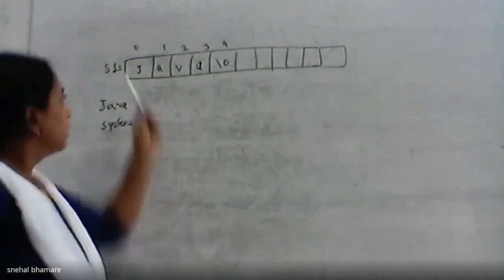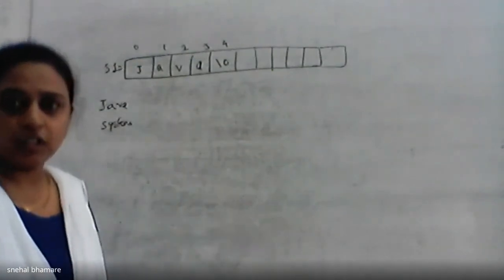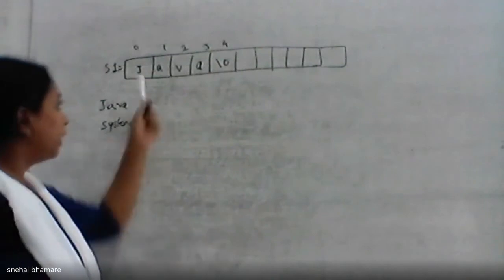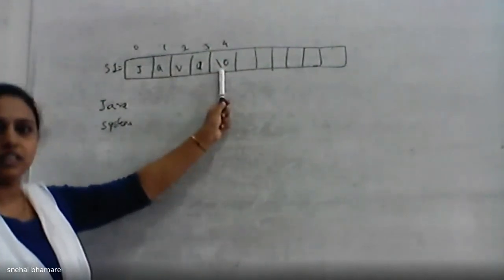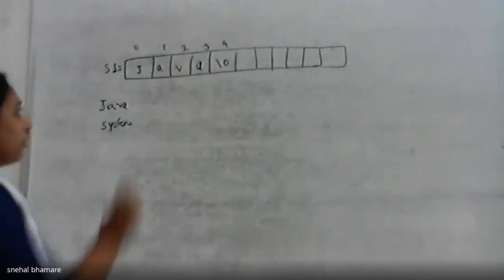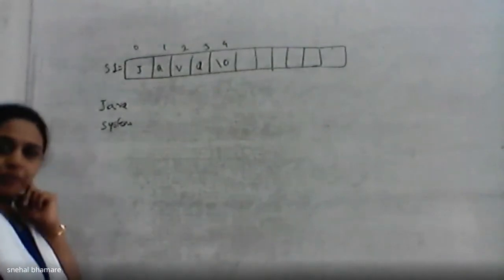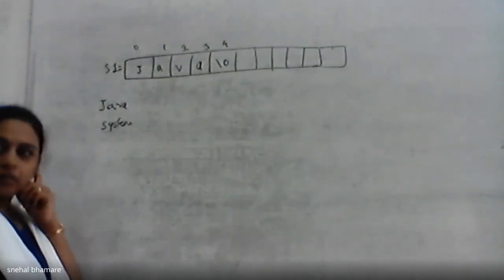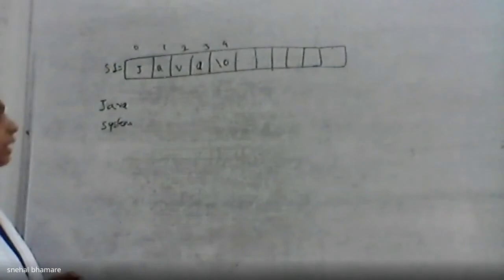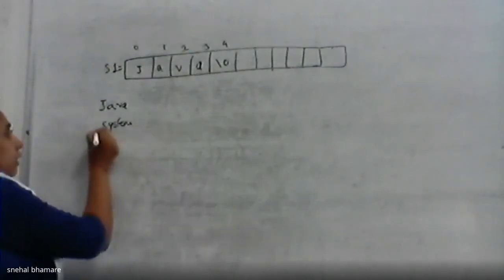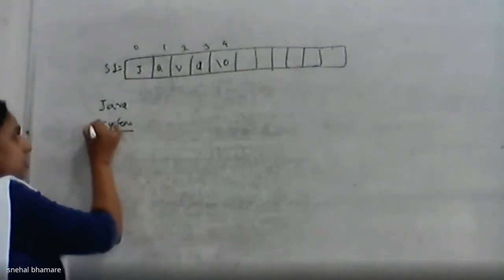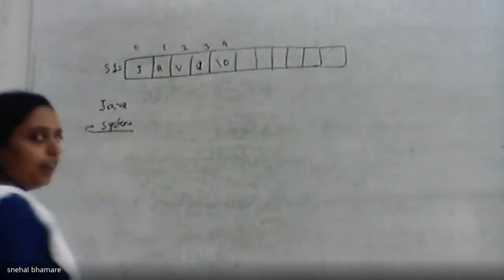Okay, this will be my first string, that is Java. It is indicated by the termination of the \0 character. The length of the first string is 4, right? So my basic idea is that I will copy the characters of the second string into the first string, only at the end of the first string.